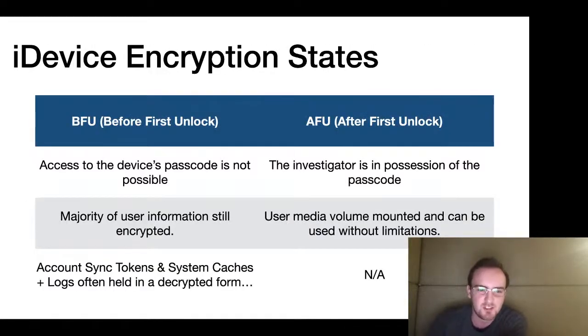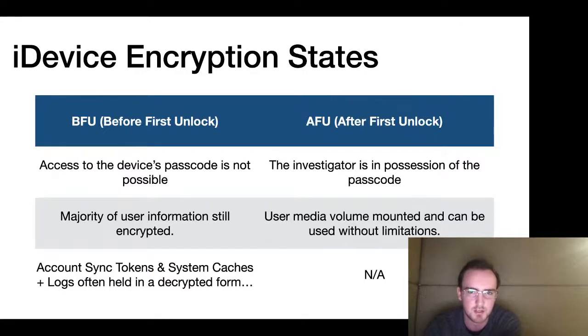So the encryption state: we've got BFU, which I've been talking about a little bit. This is before that first unlock, so while the device is locked. We also have AFU, which is after the first unlock. I'm going to talk about this from a forensic investigator's perspective, and I'm going to start with BFU. This is where access to the device passcode is not possible. In this state, the majority of the user's information and media is still encrypted and completely inaccessible to the examiner.